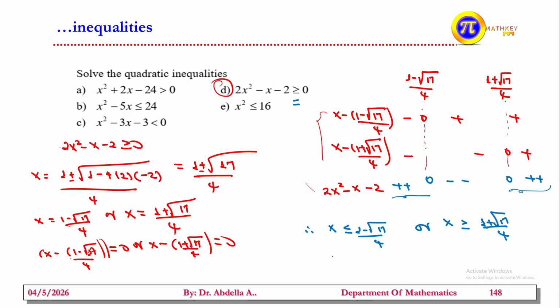Or in interval form, this is negative infinity to 1 minus the square root of 17 over 4, including it, union 1 plus the square root of 17 over 4 to positive infinity. We can express such forms. This is the solution for our quadratic inequality, particularly option D.